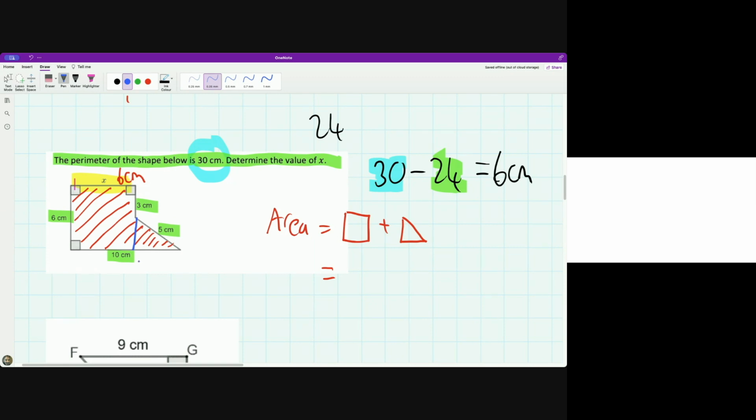But now, I don't know. Okay, I'm going to suggest that this thing here is 3. I need to know what this length, the green length, is. And what I'm going to say is, by the theorem of Pythagoras, this has to be 4.